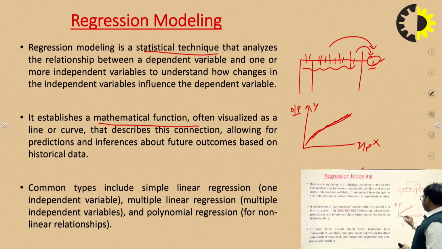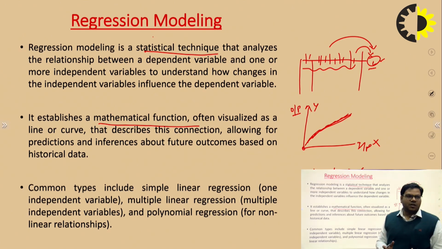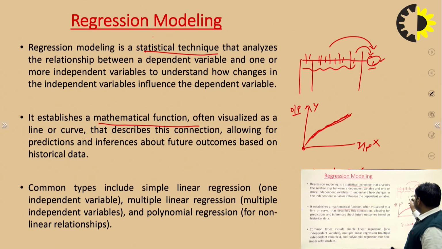Suppose y does not necessarily start from the point 0, so we can have another term: y = b0 + a0x. Such a mathematical function can be established between the input variables and the output variables. Suppose this is the y outcome and these are the x's, maybe a single x or multiple x's.